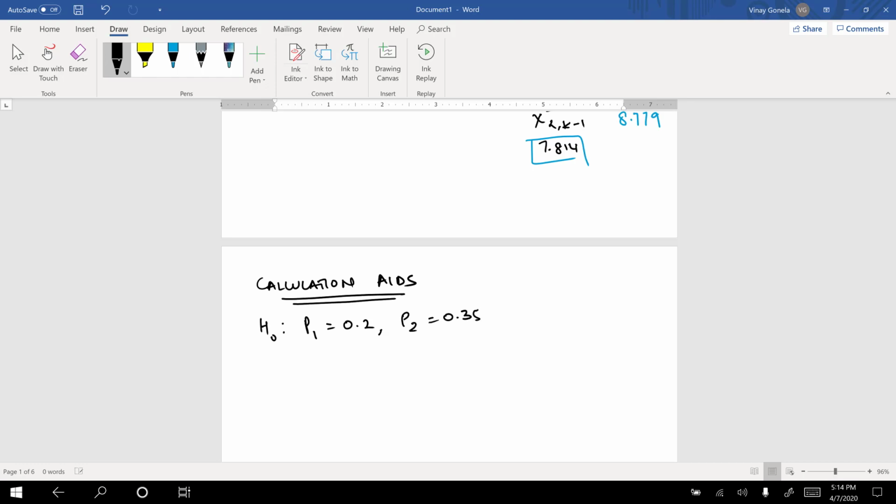So the probabilities are P1 is 0.2, P2 is 0.35, P3 is 0.30, and P4 is 0.15, and the alternative is that at least one probability is different.